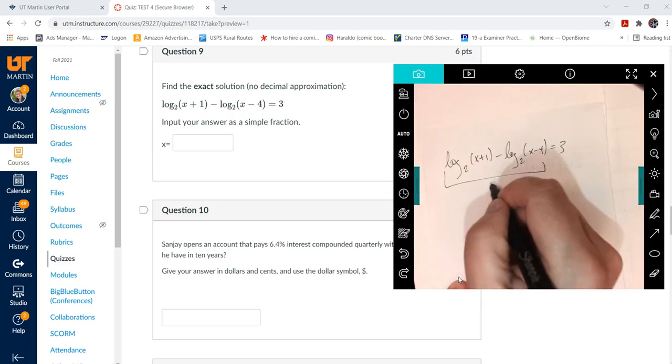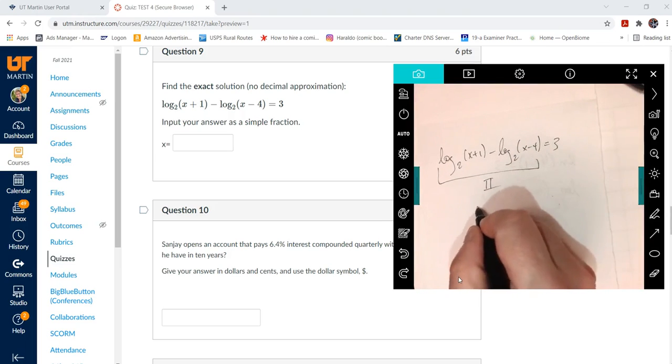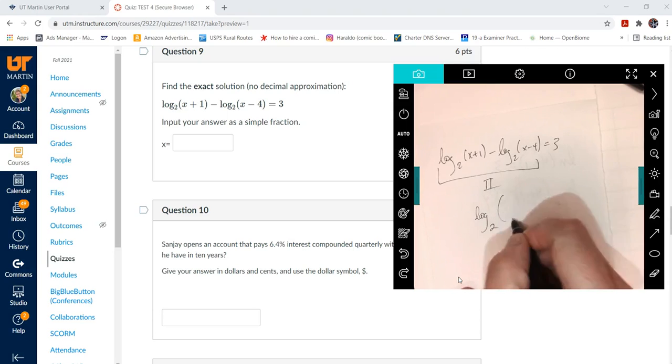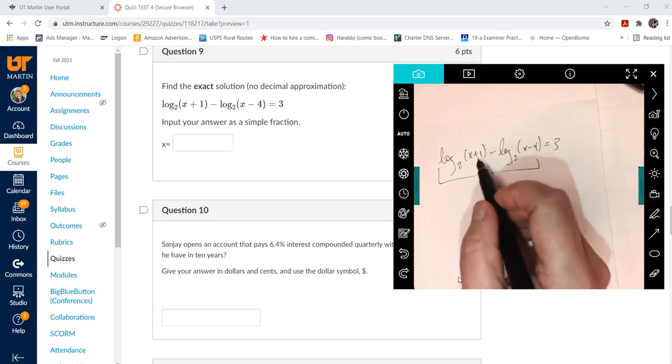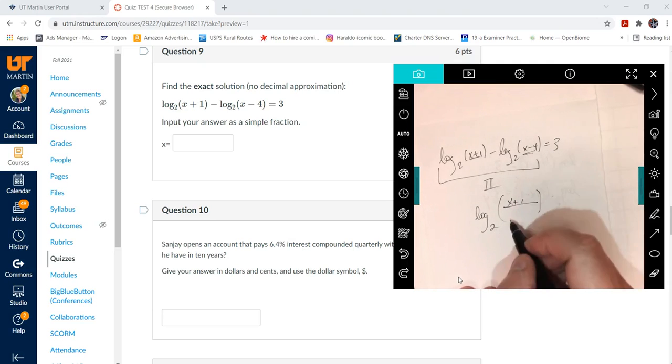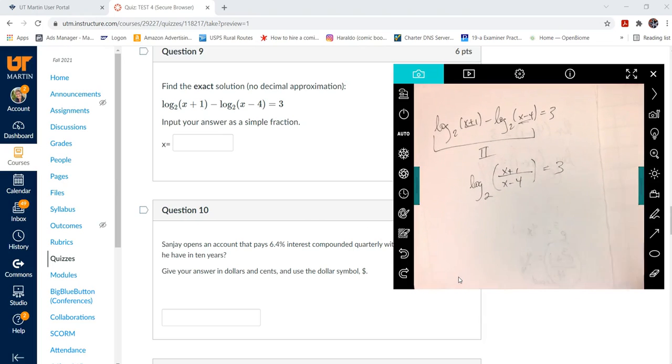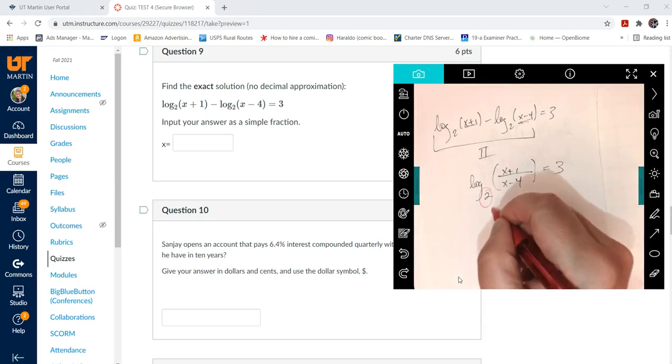Okay, I'm going to put these together using rule number 2. So I'll get a quotient, and in the numerator will be what's in there, and in the denominator is going to be what's in there. Okay, and now I'm going to do the conversion.